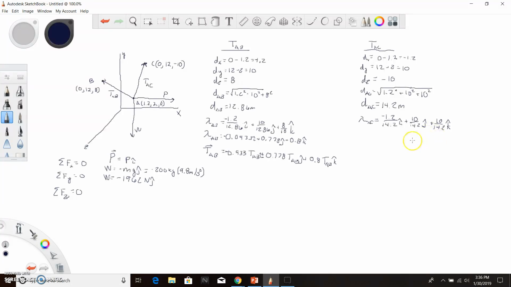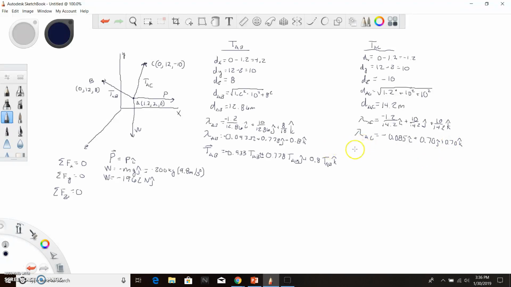So our unit vector is going to be negative 0.085 i hat plus 0.70 j hat plus 0.70 k hat.